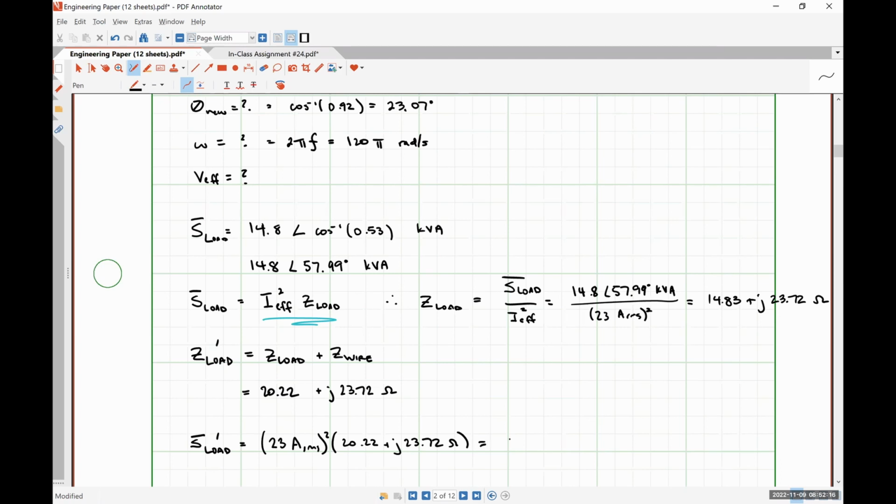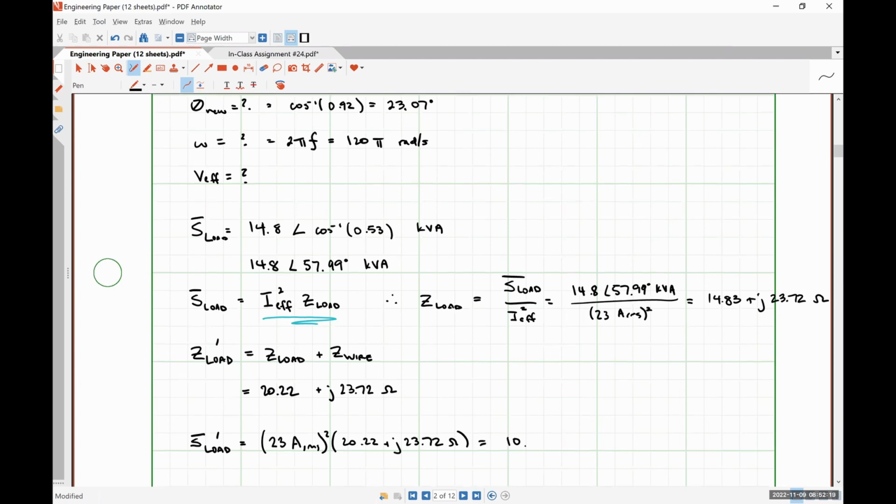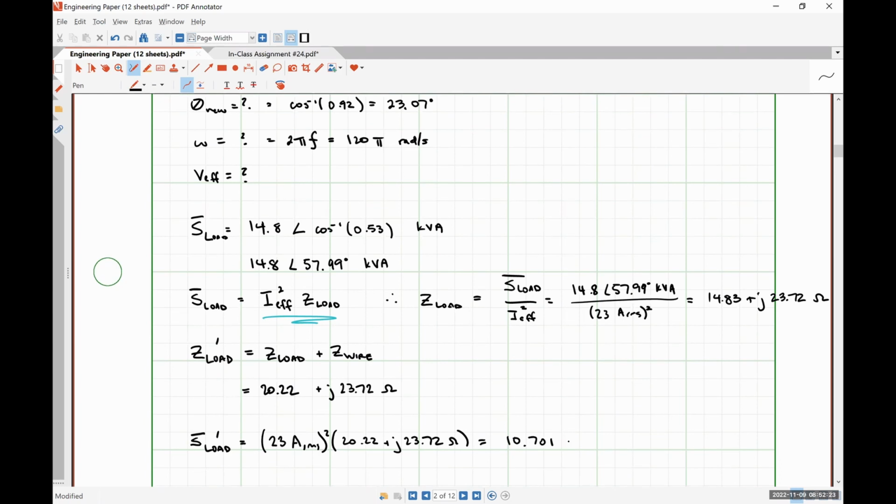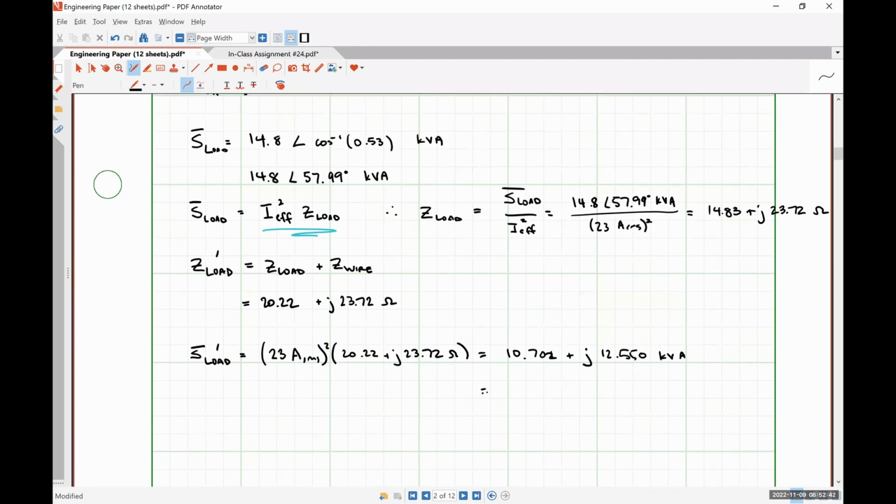Which comes out to be 10.701, or 702, if I'm rounding correctly, plus J 12.550 kVA in rectangular form, and 16.493 angle 49.545 degrees kVA in polar form.